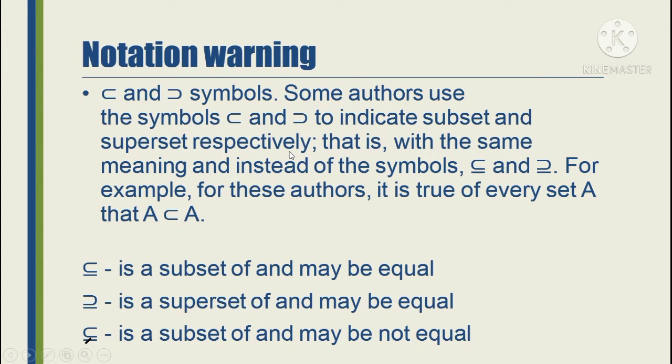So, what is respectively? Ito nga yung sinasabi natin na magkasunodan. Ito yung, ito. This one is for subset and superset. So, kaya respectively, hindi natin siya pwedeng sabihin na ito yung magiging superset.